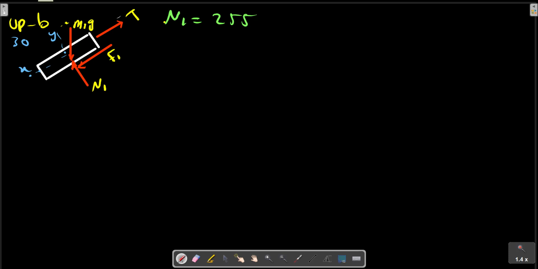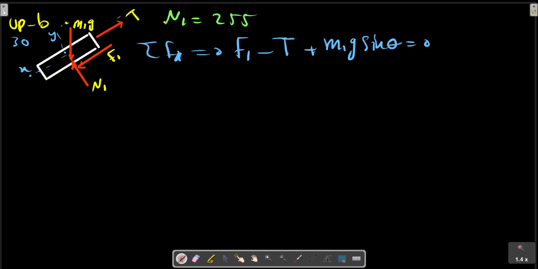Now we can write sigma Fx equals 0, which is F1 minus T plus M1G sine theta equals 0.